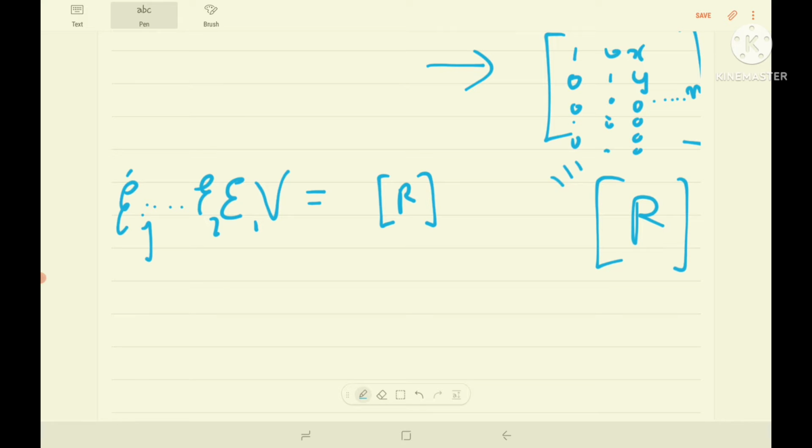I have chosen it to be like that, and it is simple to see, by assuming that they do a single operation each time they multiply with the matrix, that you can also prove that they are invertible. And so I can write V as Ej inverse, Ej minus 1 inverse, dot till E1 inverse times R.